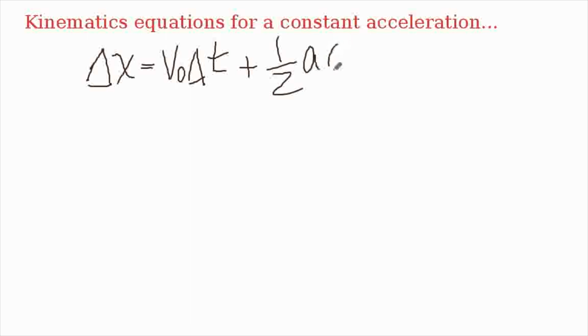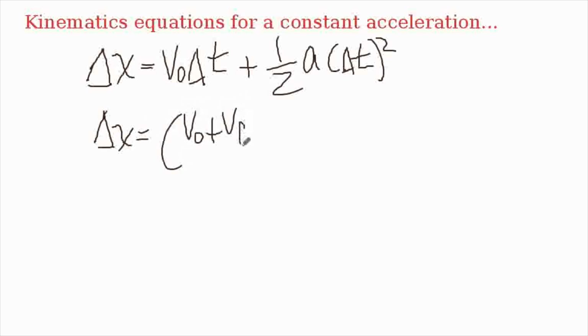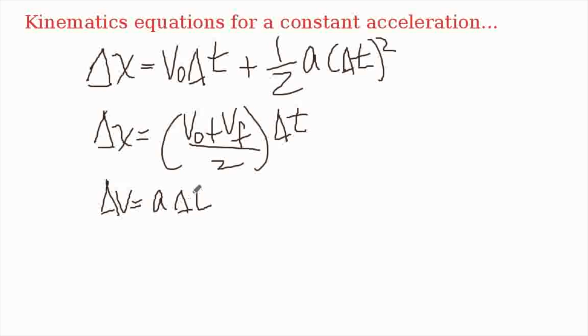It'll turn out that the change in x will equal the following, and I'll define all these variables. Change in x is v naught delta t plus 1/2 times the acceleration times delta t squared. Delta x is also equal to, there's going to be 4 of these, so let me just write them down and then we'll spend some time talking about them. And delta v is a delta t, and delta v squared is 2a delta x.